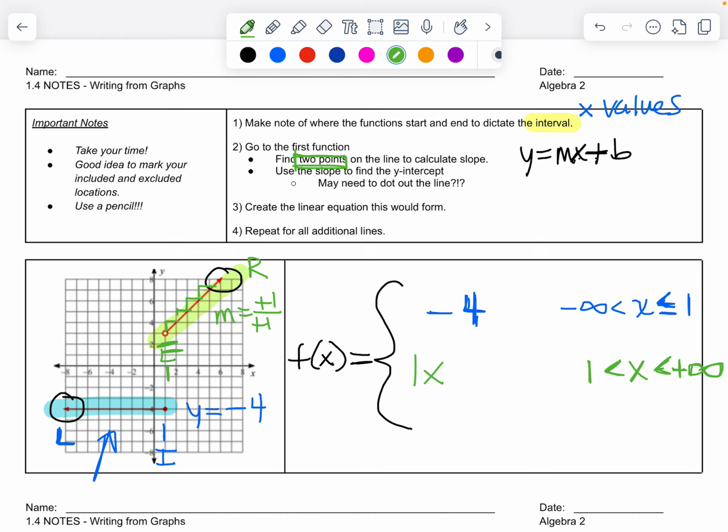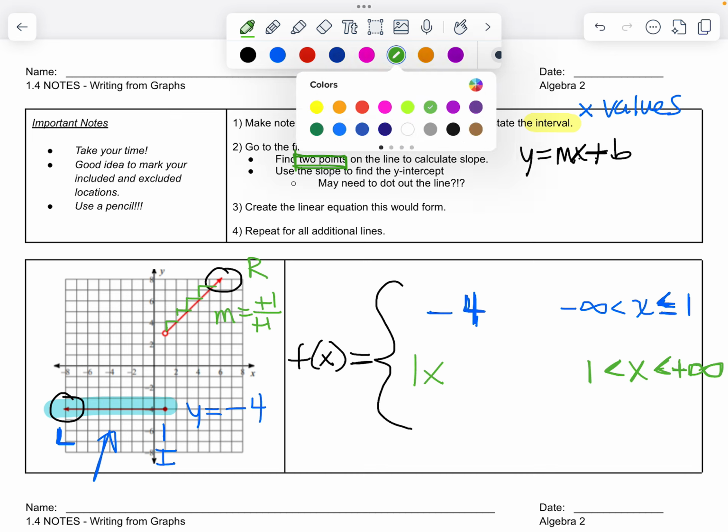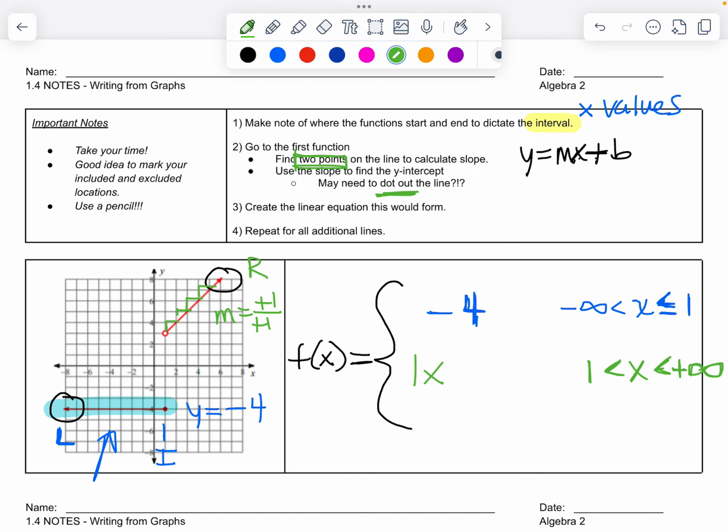Now, this is a part where people usually get tripped up a little bit because, I'm going to do a little bit of erasing here just to backtrack. Right now, that is not touching the y-intercept. What we need to do is try to figure out what would happen if that line continued. When would it actually hit the y-axis?